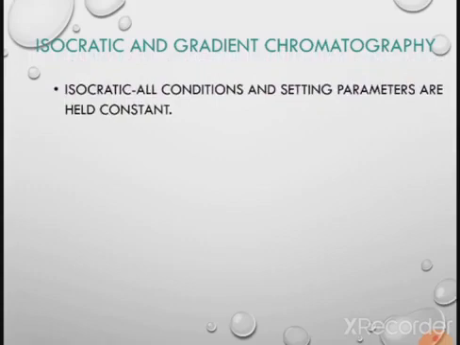In a gradient system, one or more of the parameters are varied constantly. That means in a gradient system we can vary one or more parameters during the analysis with respect to time, as per our requirement.